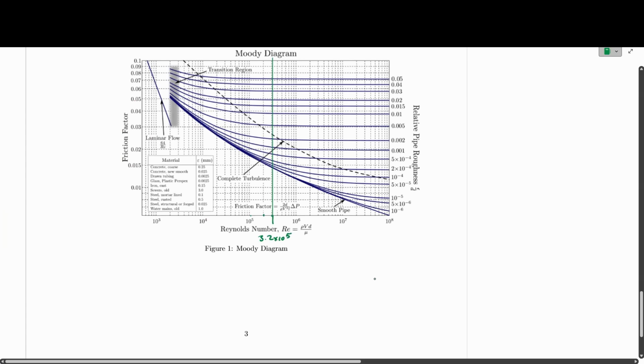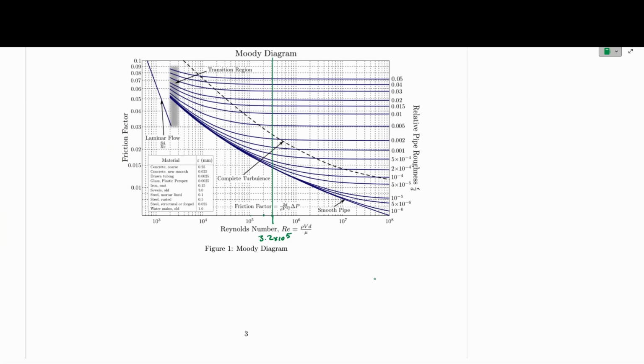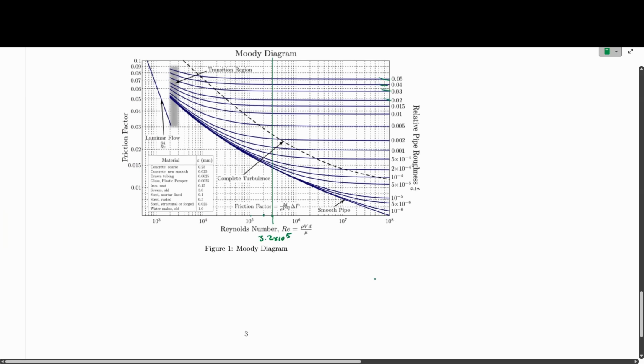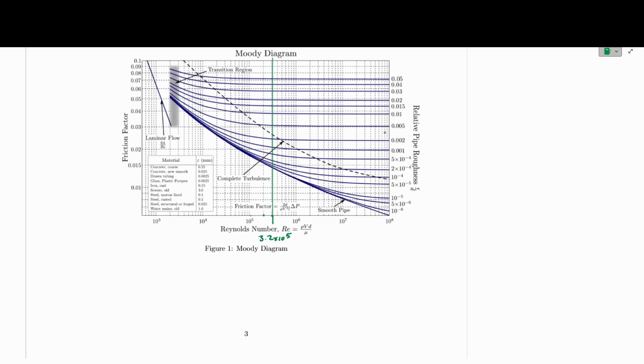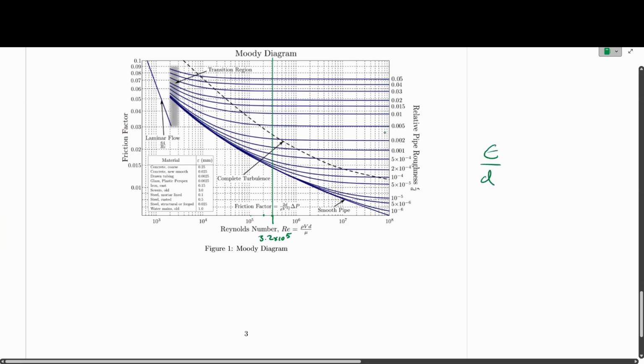Now to read the friction factor, we're going to need to identify our pipe relative roughness so that we can determine which of these lines we need to use to read off. Our relative roughness is given as the pipe roughness height divided by the diameter of the pipe.